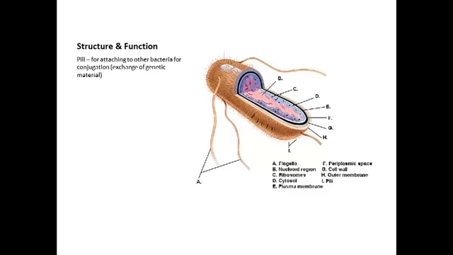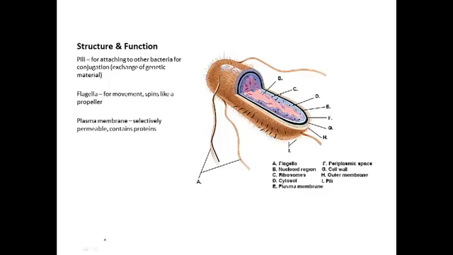The pili are these hair-like projections. Pili is plural for pilus, I'm not really sure. But these hair-like projections are used for attaching to other bacteria so that they can exchange genetic material. They also have flagella, these long appendages which rotate like a propeller and are for movement.